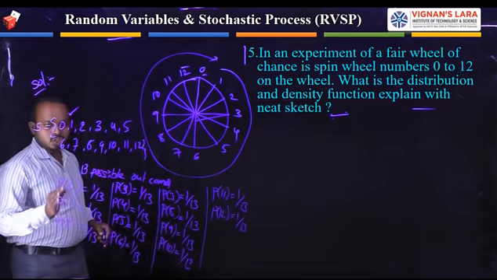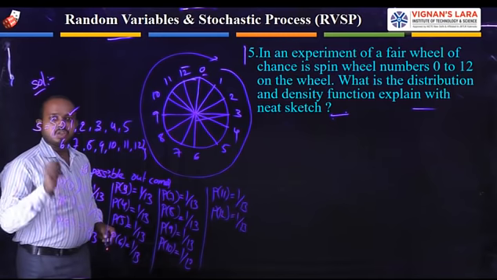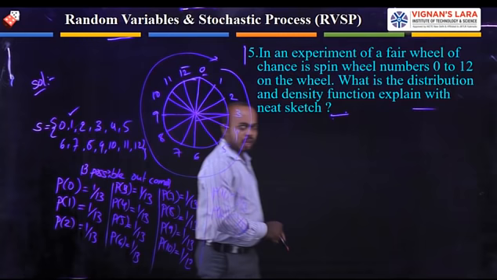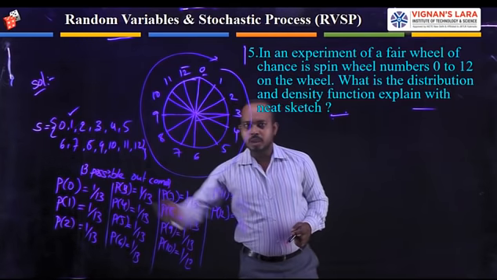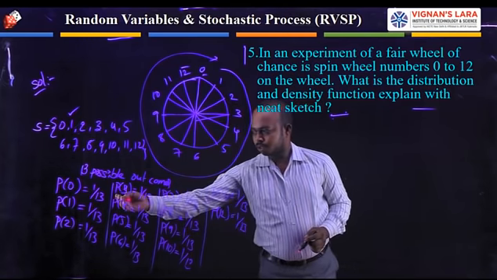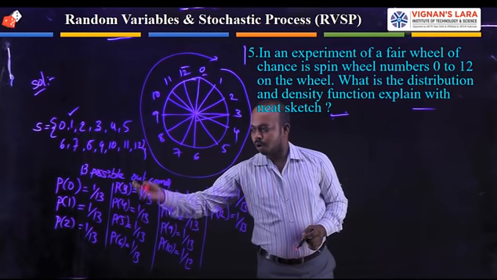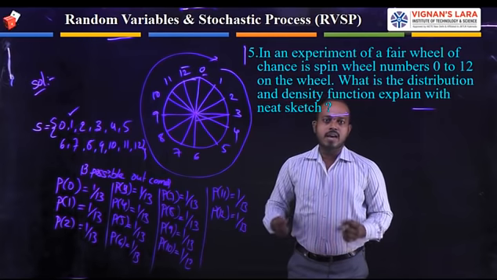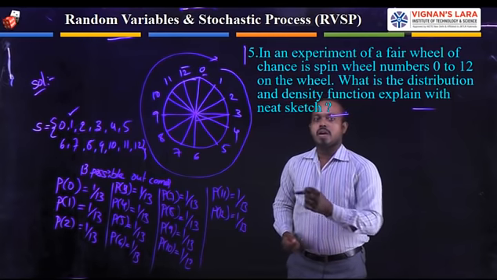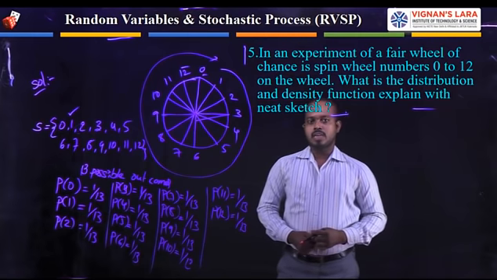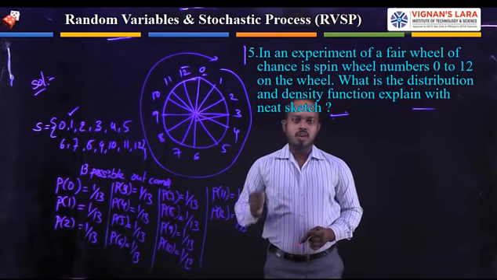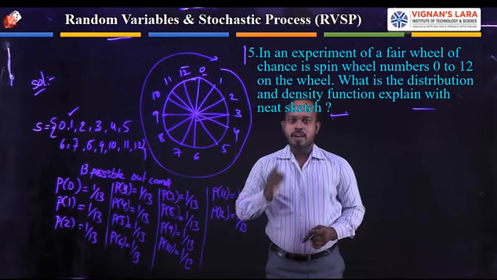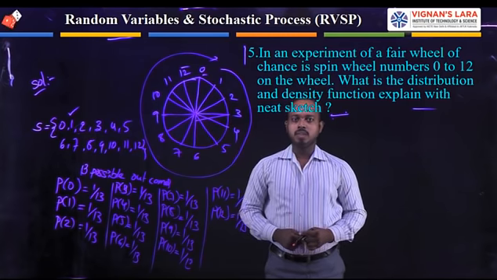Here, each and every element has the same unique probability. That means at 0, the probability is 1 by 13, and for 1 and 2, all elements have the same probability. Why? Because each has only a unique occurrence. That's why each and every element in this spin wheel has probability 1 by 13.